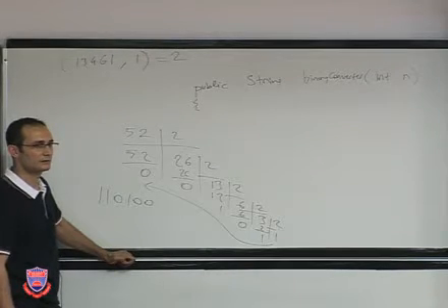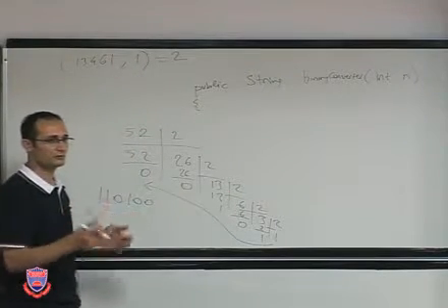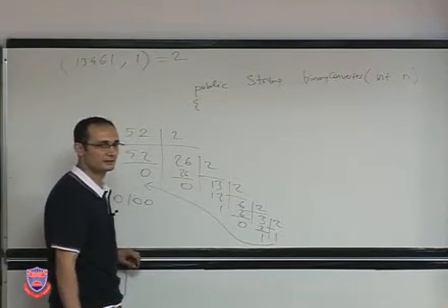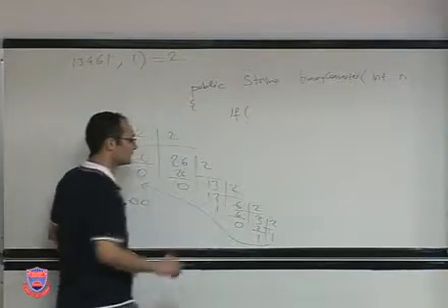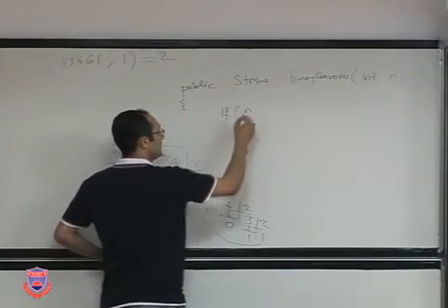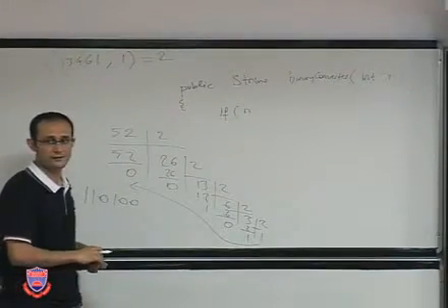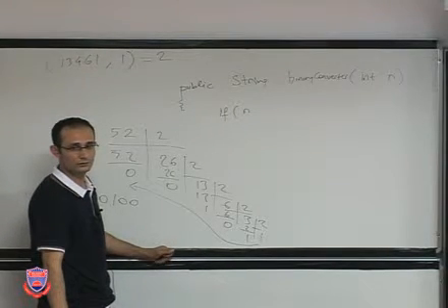We can do that, or you can write it while you're returning the string. So if, what's the base case? N equals to 1. If n is less than or equal to 1.